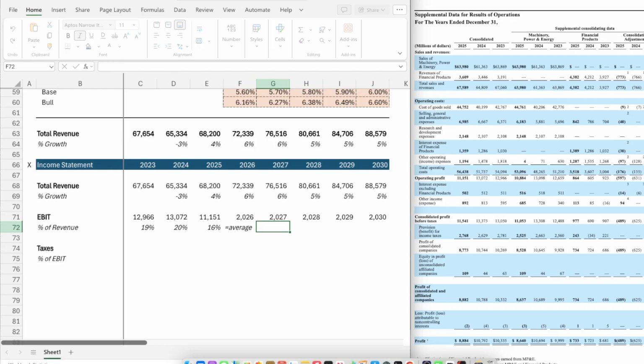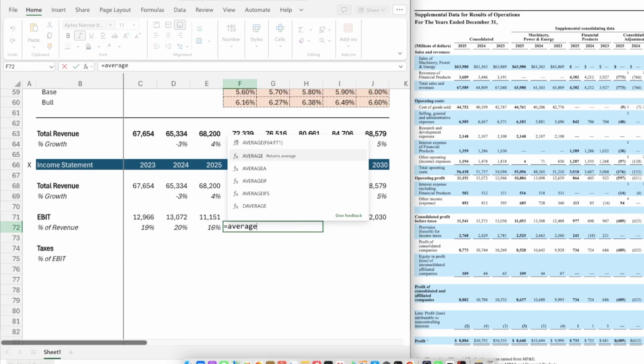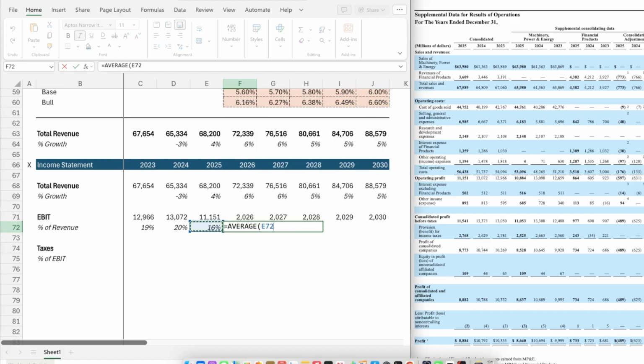Equals average. Sorry about that. There we go.